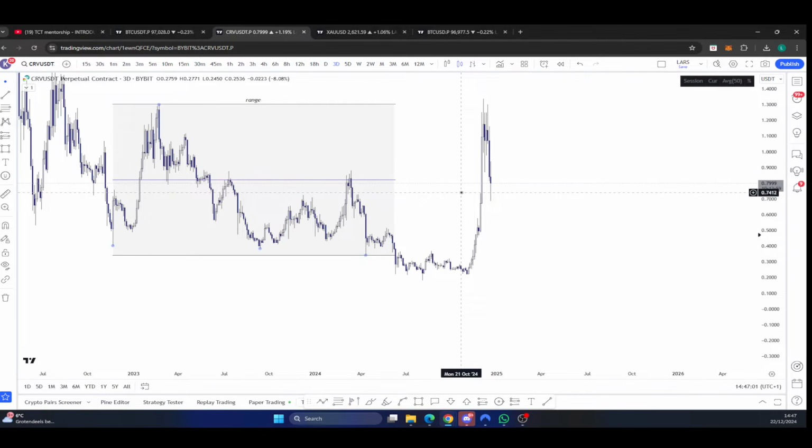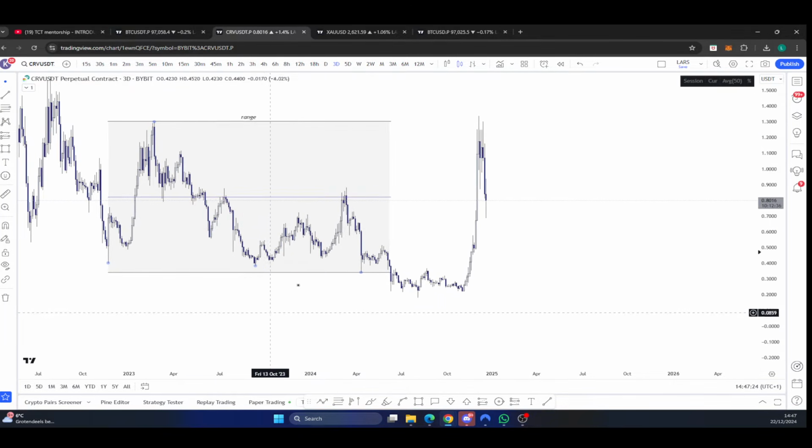Now, I want to clarify, and this is something I should have said in the beginning. When I'm trading a PO3, I am mostly trading PO3s on the high time frame. Okay, so I would say my requirements, if you want a rule of thumb, I'll use them on 4-hour ranges minimum, and that is referring to the range part of your PO3.